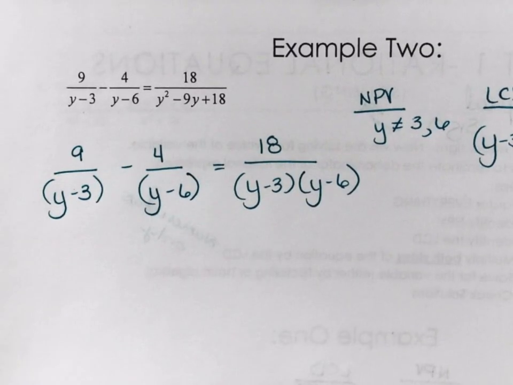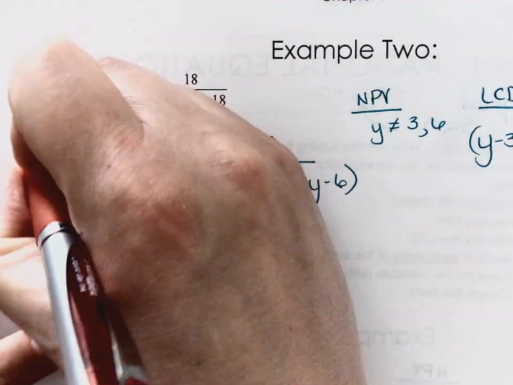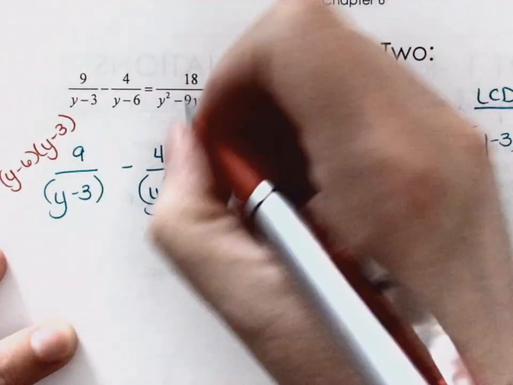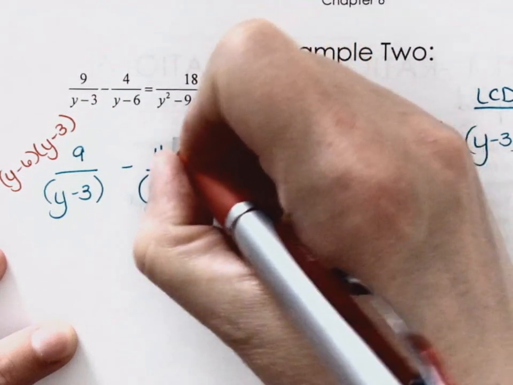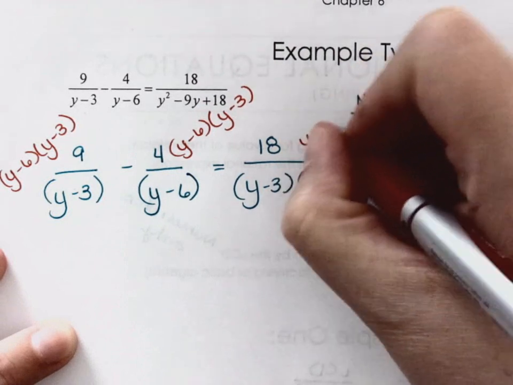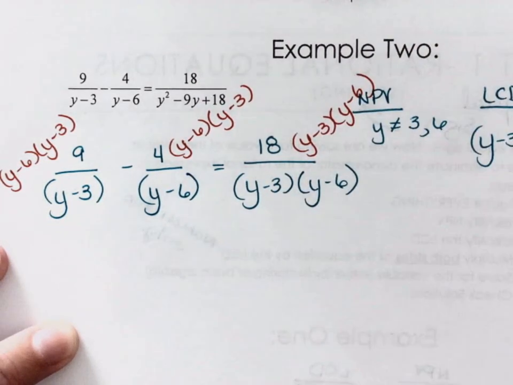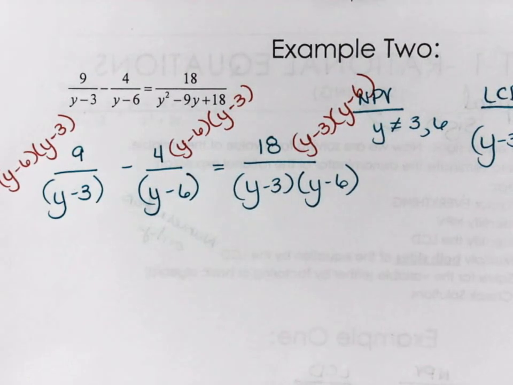What we do with it changes. So we're gonna times every term by the LCD. So it doesn't matter if the denominator has it or not, we just times it by everything? Yep. We're times-ing by the LCD because our goal is to get rid of any denominators.